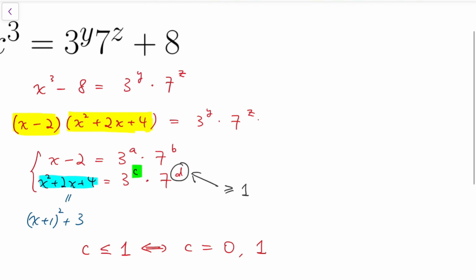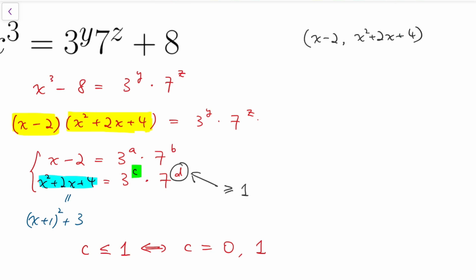However, if we take a look at the greatest common divisor of x minus 2 and x squared plus 2x plus 4, I can make use of the Euclidean algorithm and make that equal to the GCD of x minus 2 and the remainder when x squared plus 2x plus 4 is divided by x minus 2, and that's 12.